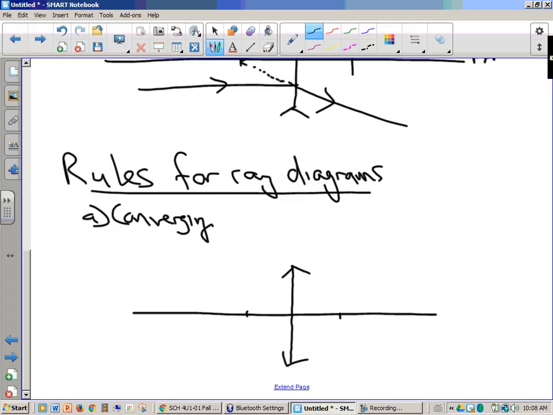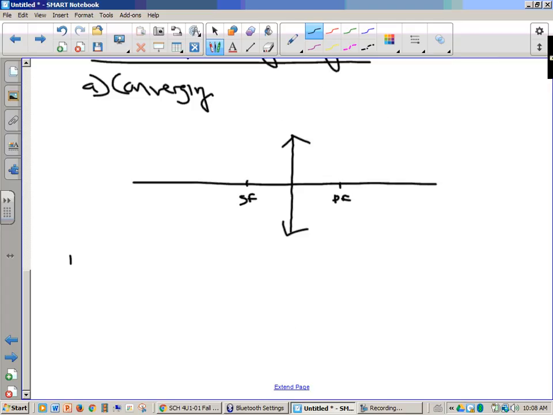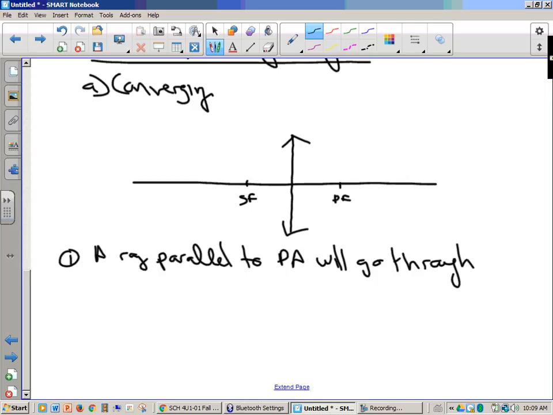All right. So PF, SF, and rule number 1, a ray parallel to the PA will go through PF. A ray parallel to the PA will go through PF.